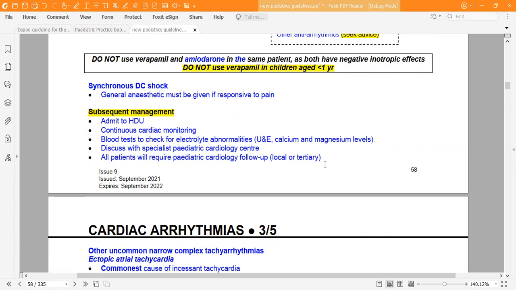So you have to involve the cardiology center anyway after admission, after stabilization. It's very crucial, and don't forget to do that. It's not your job as a registrar to manage all this by yourself. Once you stabilize the patient, you have to ask for advice from the cardiology center and the cardiology team as well.